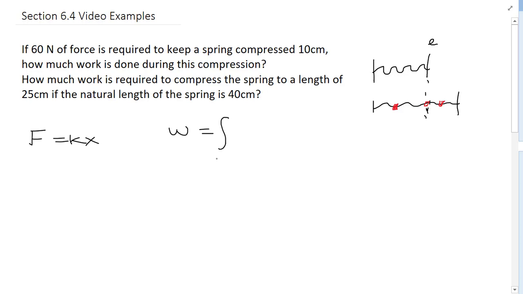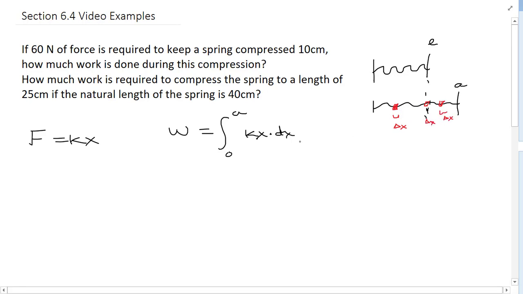That's why for work we need an integral. Work will be the integral from the equilibrium point, from 0 to however far you stretch it, of force times displacement. Our force is kx and the displacement is dx. If I'm finding it for each of these little pieces, that's delta x, delta x, delta x.